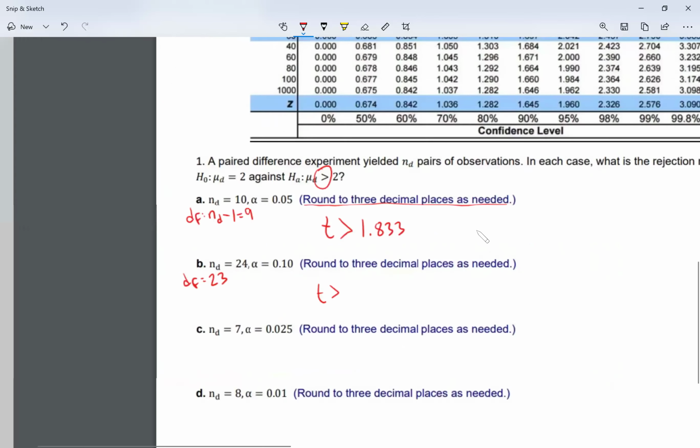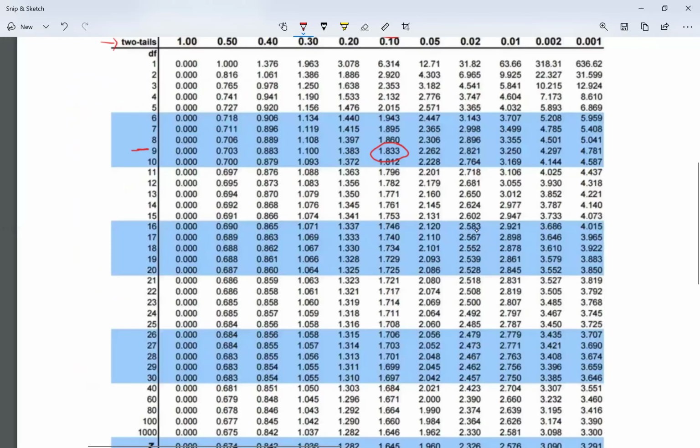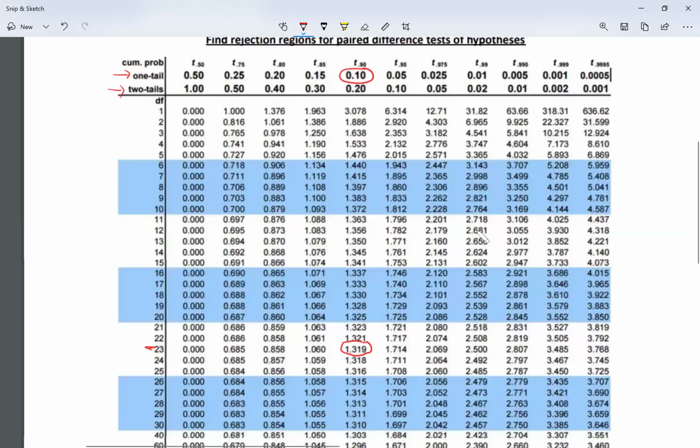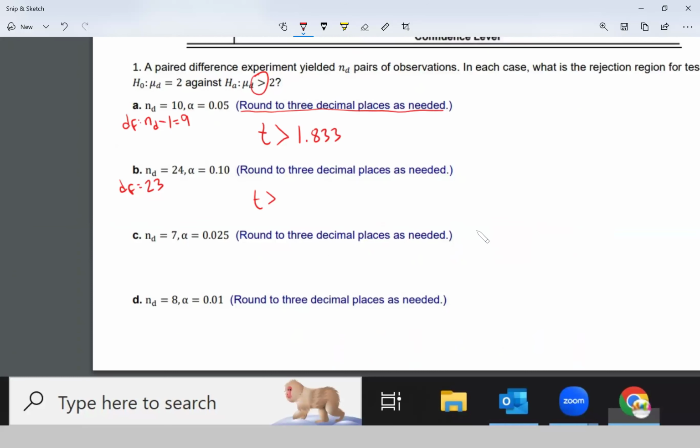Okay, so let's see alpha 0.10, one tail. So there it is. My degrees of freedom is 23. And I see they meet right there. So that's 1.319. Okay, so I'm good to go here. I'm going to say T has to be greater than 1.319.